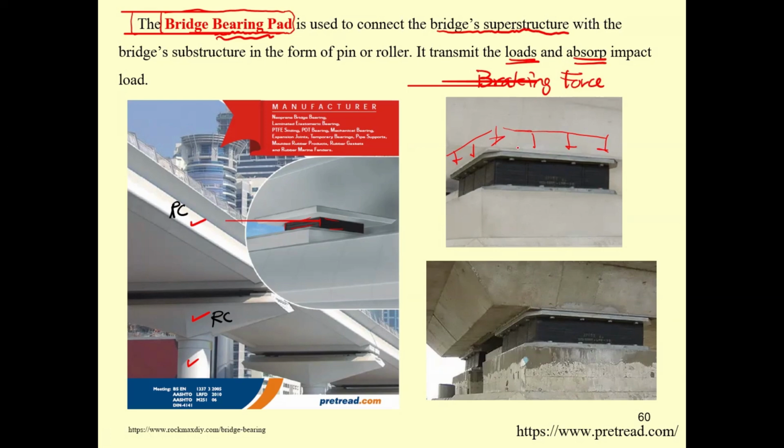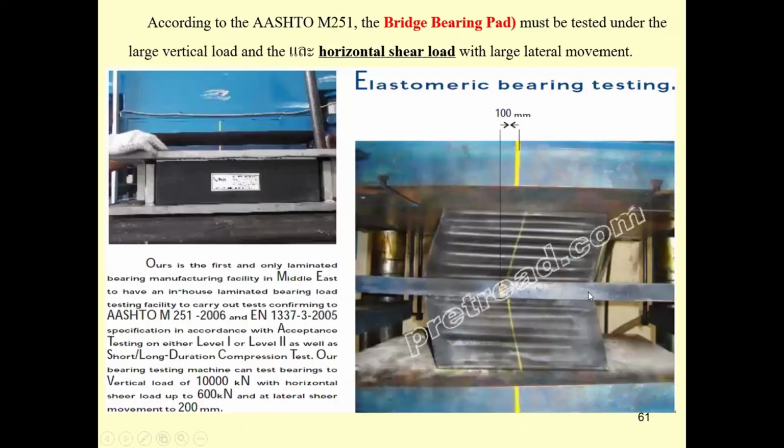The braking force is going to occur horizontally in any direction. Then the bearing pad must be subjected to both vertical load and also horizontal shear force. Then that's going to follow AASHTO M251.